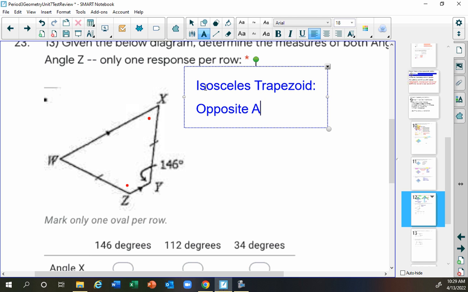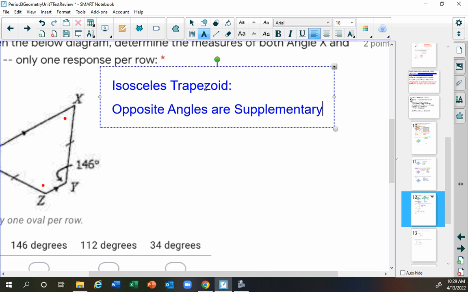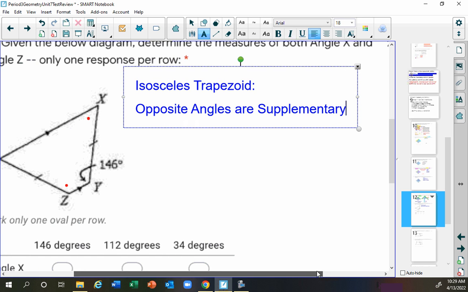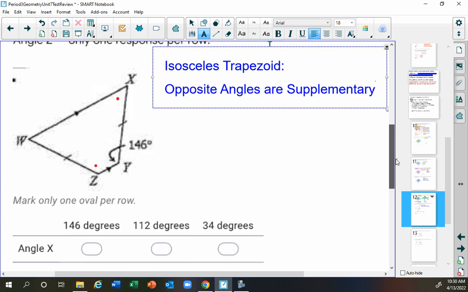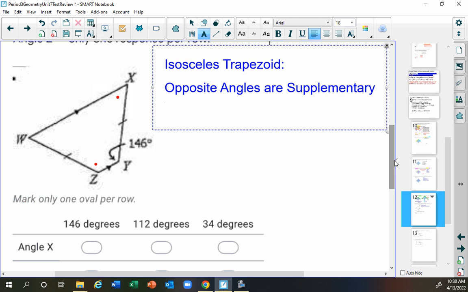Opposite angles are supplementary. What do we mean by supplementary? Add up to 180. The two angles add up to 180.